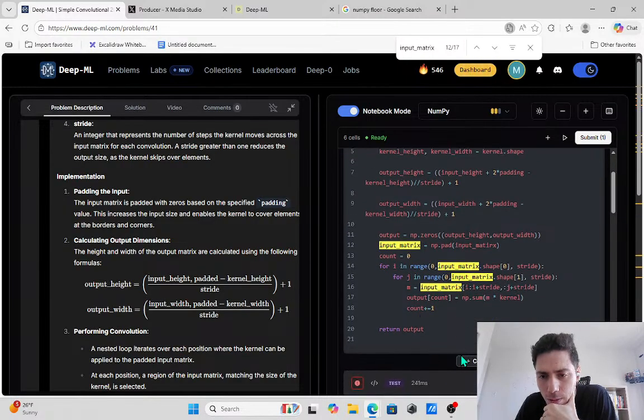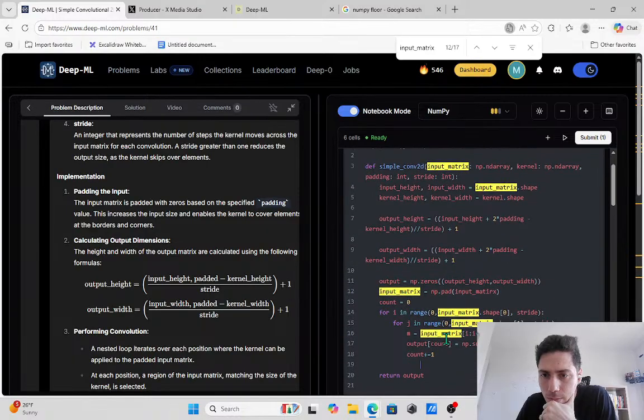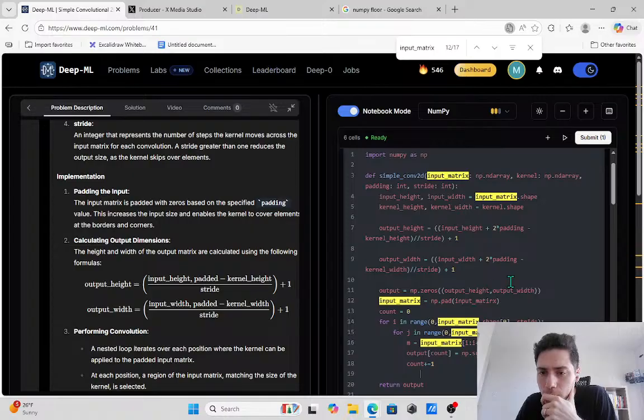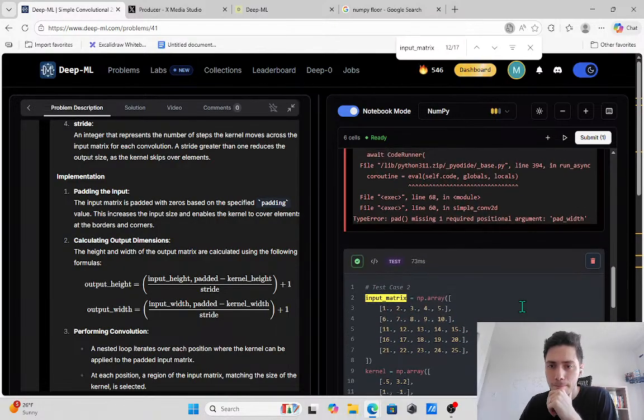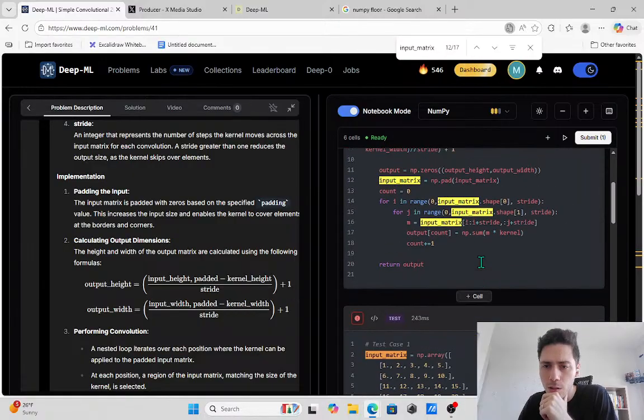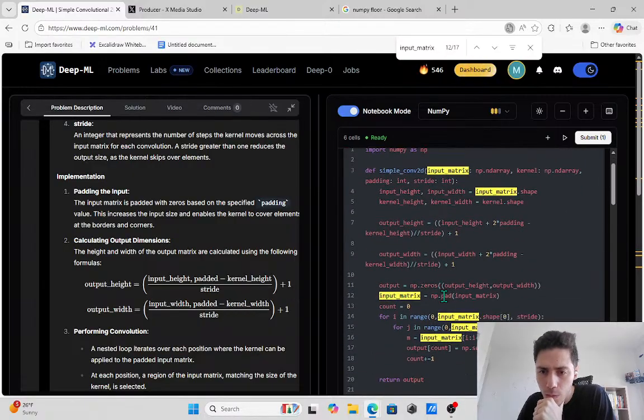No, I don't see what's wrong. Oh, spelling. Oh, we're missing the width.